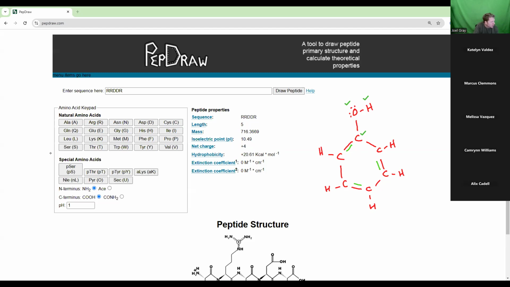I'm going to go back and get my check marks. Good, good, good, good, good. Okay, so now if I write my formula, I've got 6 carbons and 1, 2, 3, 4, 5 hydrogens. So C6H5OH.